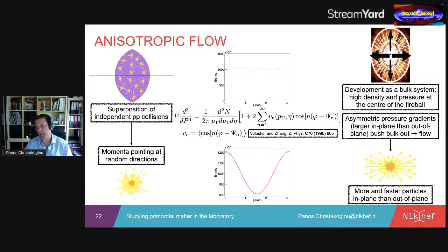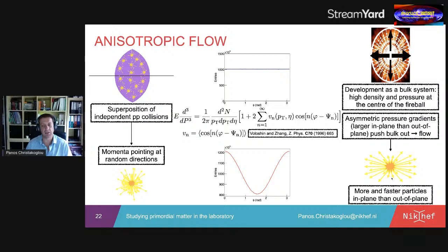And at the end of the day, the particles emitted from such a process will have a distinctly different feature than the one we saw before, where the momenta were pointing in random directions. Over here, because there is a preferred direction, in plane, you get a larger push in this direction than in that direction. So the experimental consequence would be that you will have more and faster particles traveling along the short axis than along the long axis.